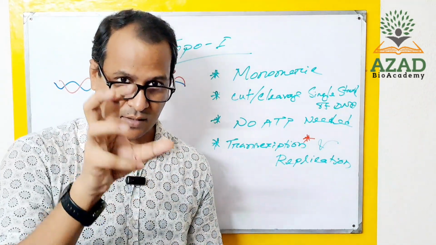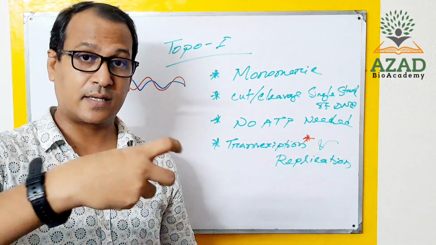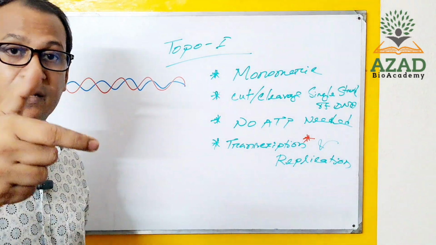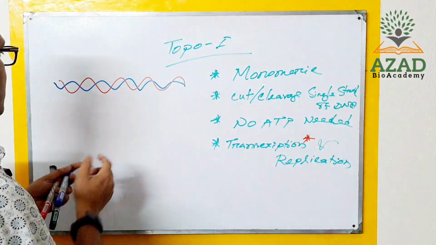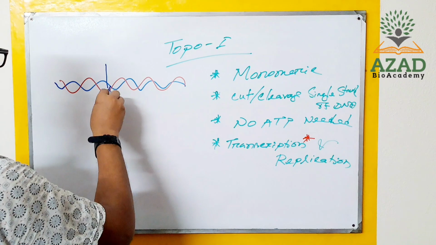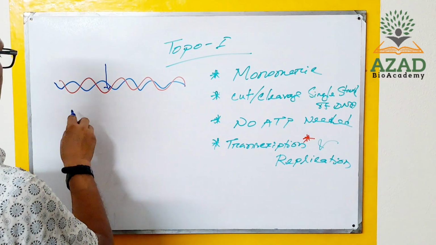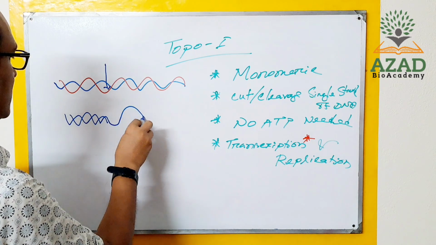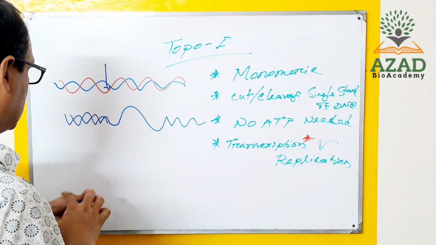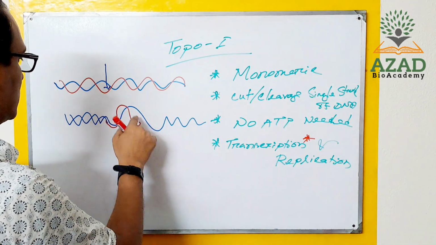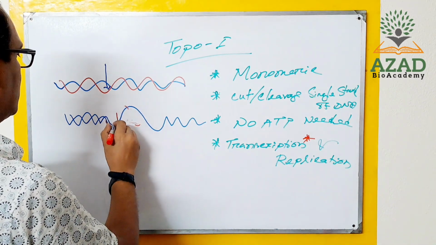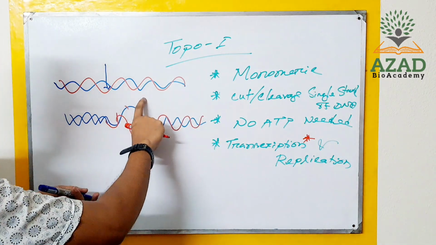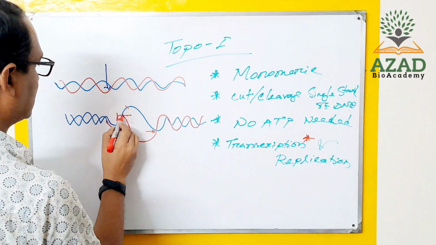Most bacteria carry round DNA, and some bacteria can carry linear DNA, but mostly round DNA, and it has a single replication origin. So at the replication origin, it will work to unwind. Then what will happen? It will form a replication fork. That will form a replication bubble, and that area is the replication fork.